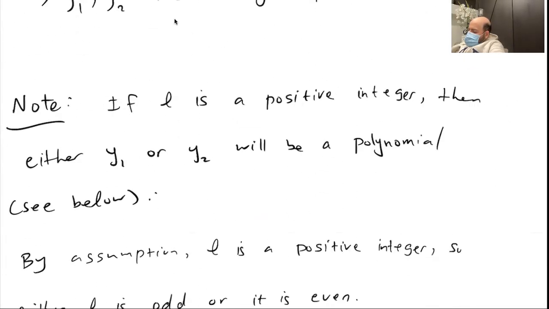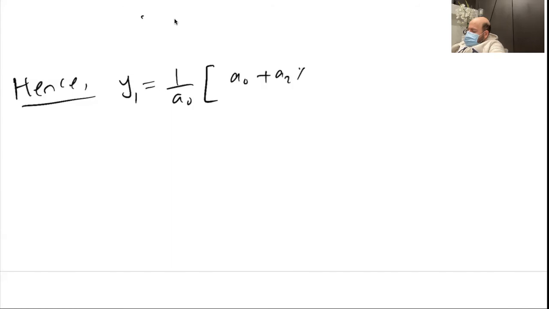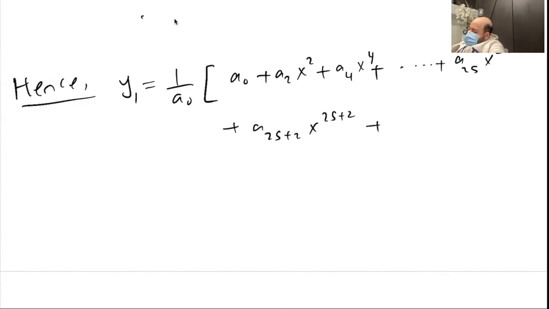So we can say that y1 is 1 over a0, because a0 has been taken out, times a0 plus a2x squared, a4x to the power 4, all the way to a2s x to the power 2s, plus a2s plus 2 x to the power 2s plus 2, then a2s plus 4 x to the power 2s plus 4, and so on.